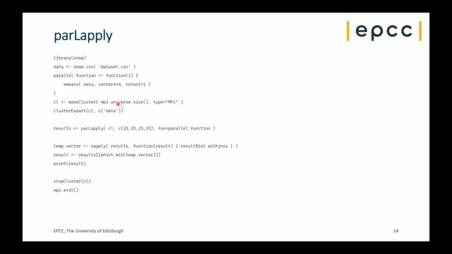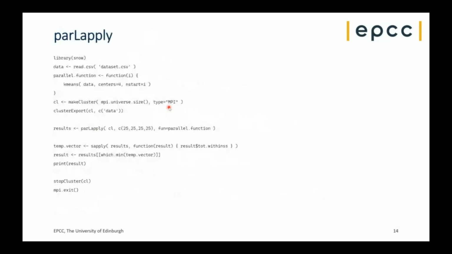Then you can create a parallel cluster based on an MPI job, and you can then do this parLapply, which will apply to that parallel cluster and produce its results. Again, it looks very similar. We have the function we want to run, and we've got a data set. We create a parallel cluster to say this is all the workers we're going to use, and this example is going to take it from how you run your job.